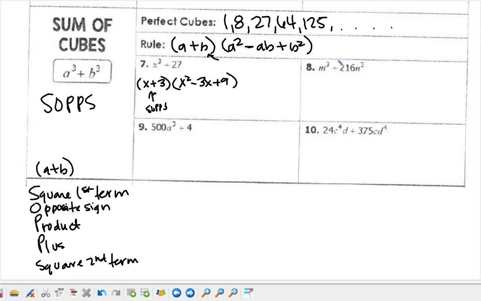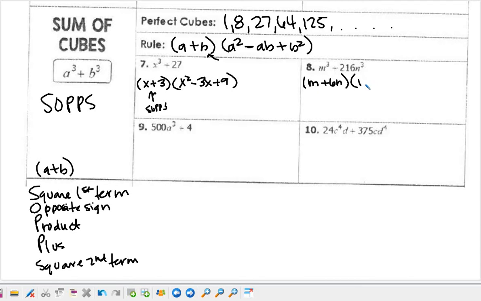Okay? So then here we have the sum of two cubes. So I get that binomial first. Cube root of m cubed is m. The cube root of positive 216 n cubed is positive 6n. Okay, and then we SOPS.